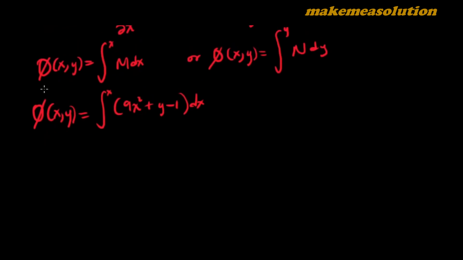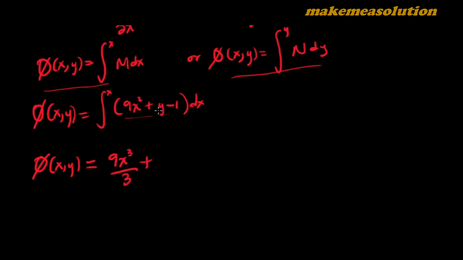Remember, just look for the one that is easier or simpler for you. So we have phi of x comma y is going to be the integral with respect to x. When you integrate 9x squared with respect to x you get 9x cubed over 3, then plus, when you integrate y with respect to x partially, since y is a constant, you get xy, and when you integrate minus 1 with respect to x, you're going to get minus x.